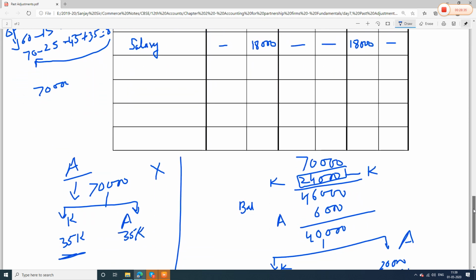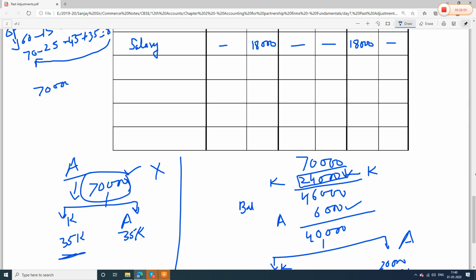And because of that, what happened? Profit increased, and that profit was distributed equally between Karan and Arjun. But this is the mistake they made, because Karan was supposed to get 24,000, and Arjun was supposed to get only interest of 6,000 rupees before distributing this profit.